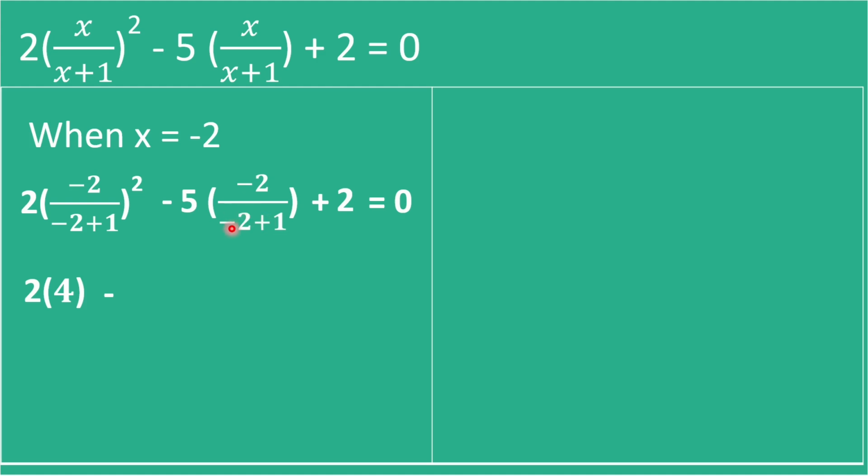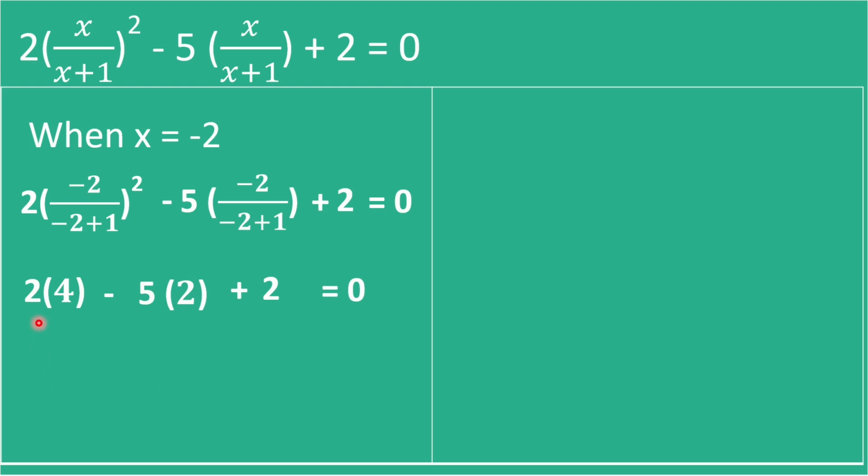So this minus 1 and this minus 2 will cancel each other, and finally we will have minus 5 into 2, because this minus 5 and here this minus and this minus will cancel each other, and this value will be equal to 2. Then plus 2, which is equal to 0.